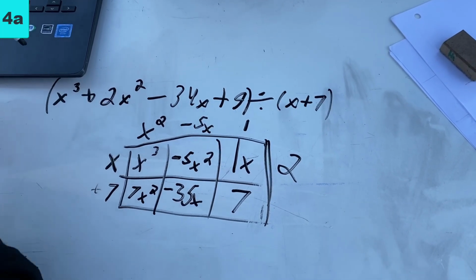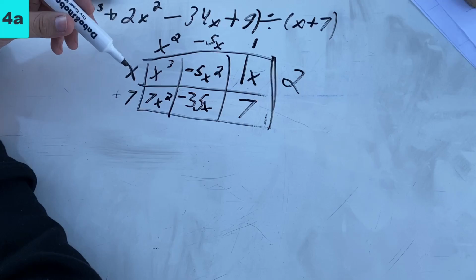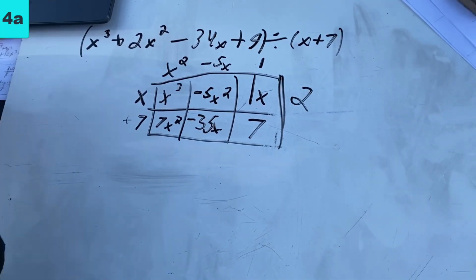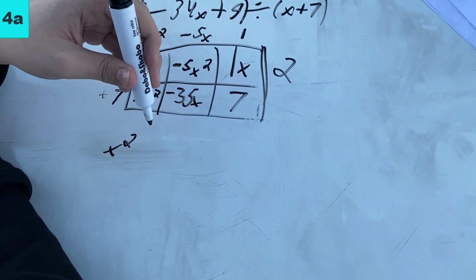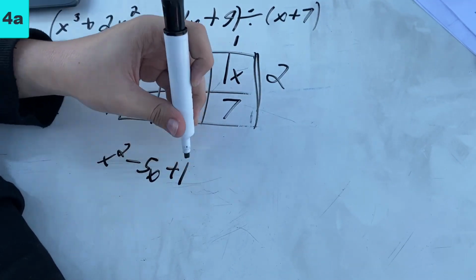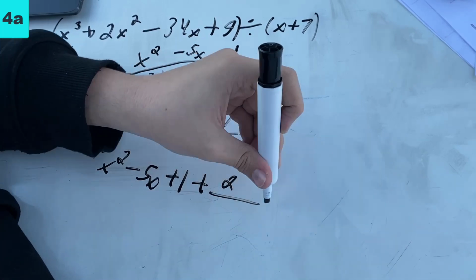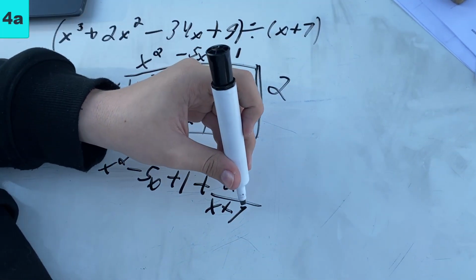And so then, putting all that together, now that we have our whole box filled out, we can figure out what our quotient is and our remainder, and that will be x squared minus 5x plus 1, and then plus 2 over x plus 7. Very nice.